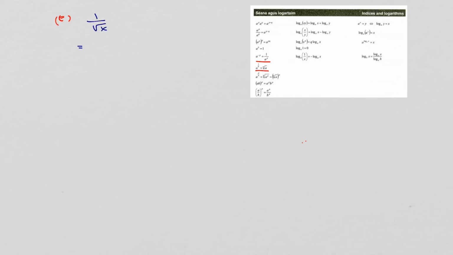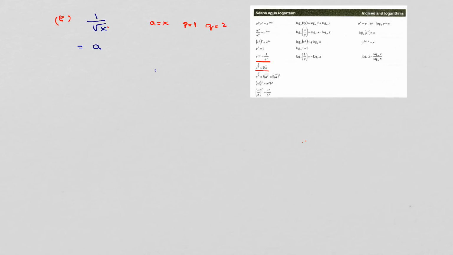So a is going to be x, and p, our power, is going to have to be 1 underneath the square root there. But of course, it's the square root, so q is 2. In other words, this is going to be a to the power of minus p.